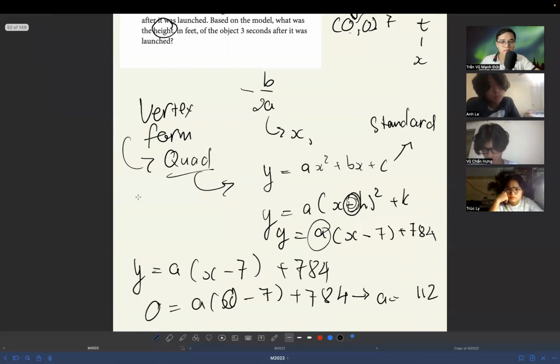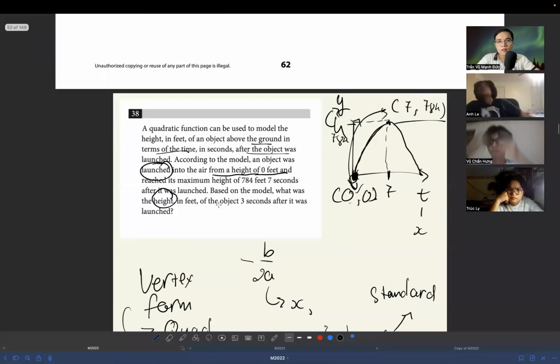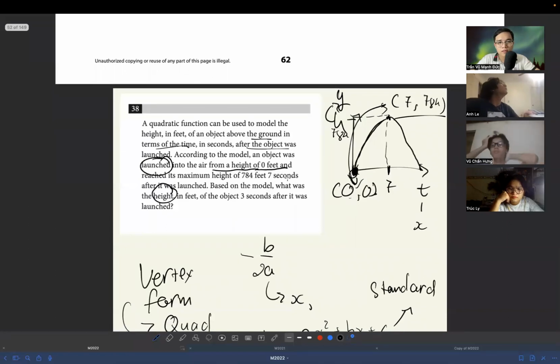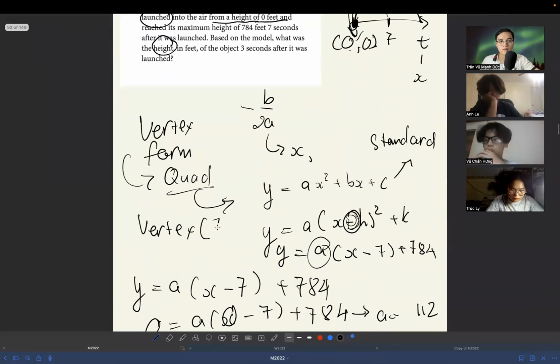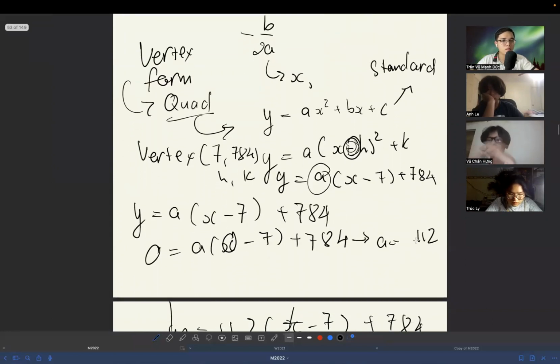Wait, the vertex is 7 seconds, 784 feet. A times x minus h plus k, 784. You plug in 0 and 0.